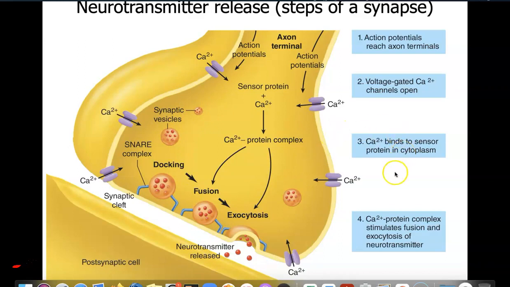Okay, so calcium is going to come in. It's going to bind to a sensor protein in the cytoplasm, and that creates a complex, a calcium protein complex, that makes the vesicles full of neurotransmitter dock and bind to the cell membrane of this presynaptic cell. And that releases the neurotransmitter then into the synaptic cleft.